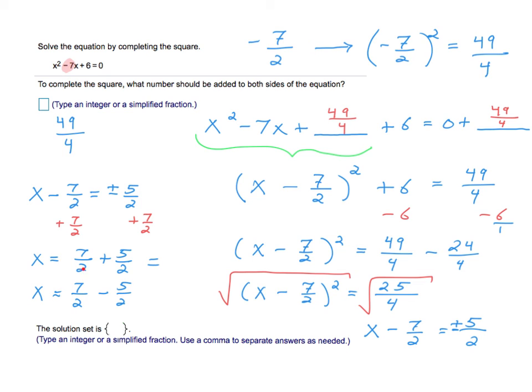Well, let's see, I have a common denominator of 2. 7 and 5 is 12. And 12 over 2 is 6. Likewise, for these two fractions, I'll do 7 minus 5, which is 2. And 2 over 2 is 1. These are the solutions to my equation, 1 and 6.